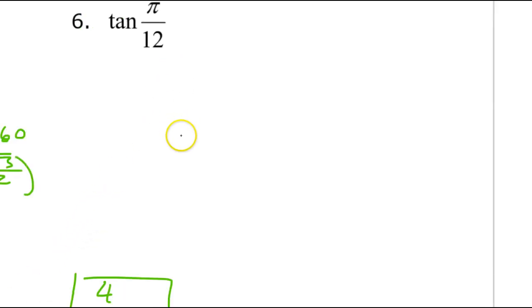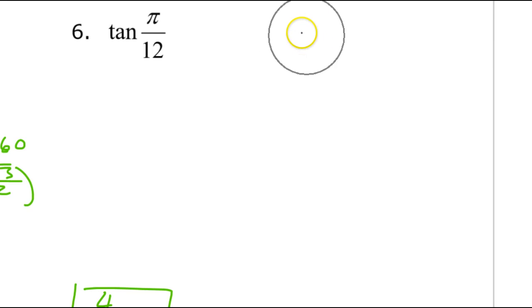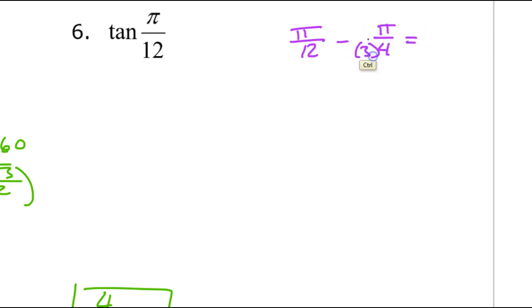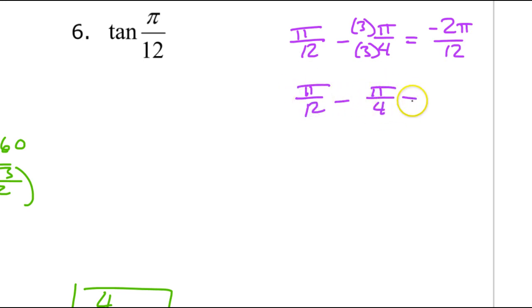All right, next let's do the tangent of pi over 12. And again, I'm going to use my technique of subtracting pi over 4 to see what I get. Multiplying by 3, so I have like denominators, that's going to give me negative 2 pi over 12. So that means pi over 12 minus pi over 4 is equal to negative pi over 6.